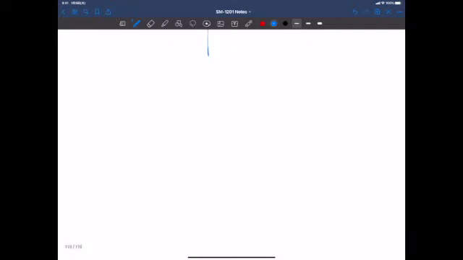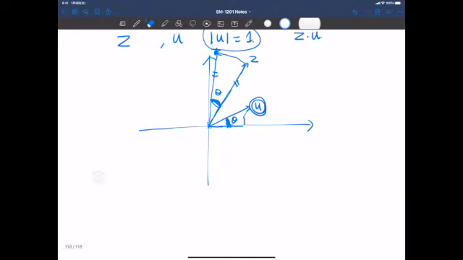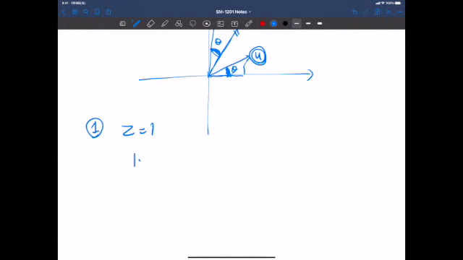First of all, suppose in the first case z is 1. Then 1 times u is just u. So in the complex plane, this 1 is rotated by theta.